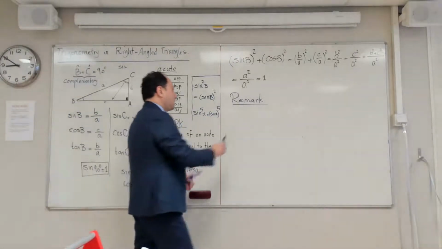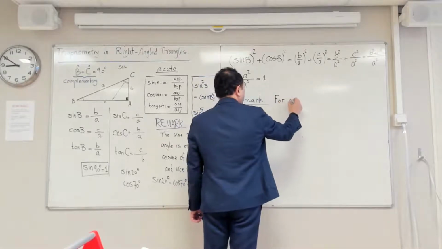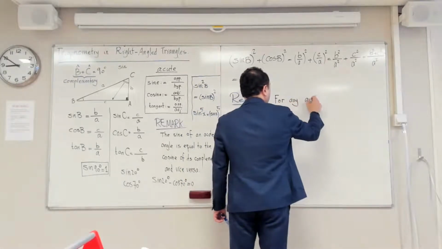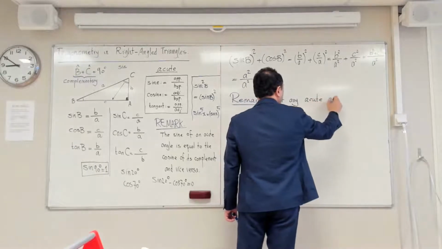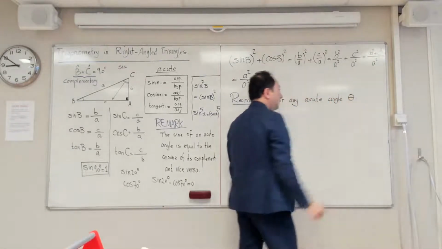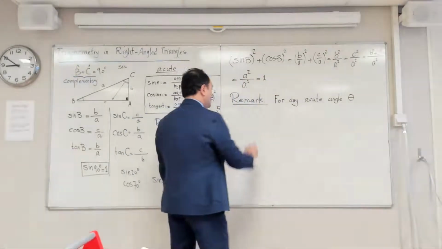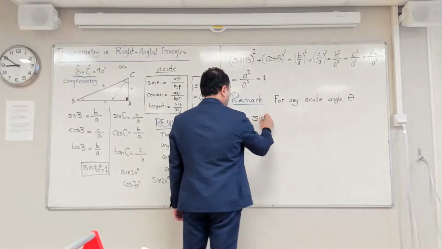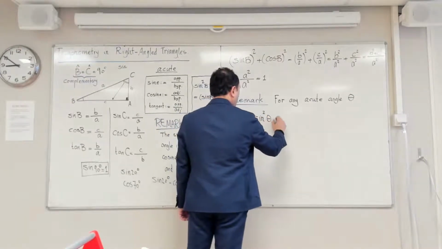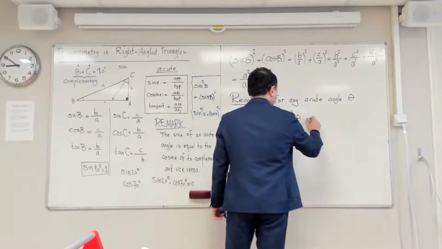Okay, now by this convention, I would say that for any acute angle theta, this is a Greek letter we usually use for angles, sine squared theta plus cosine squared theta is equal to 1.